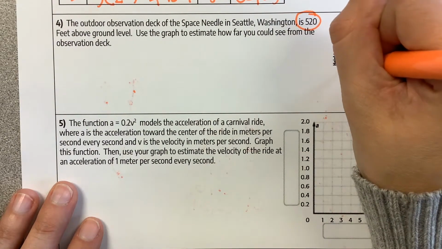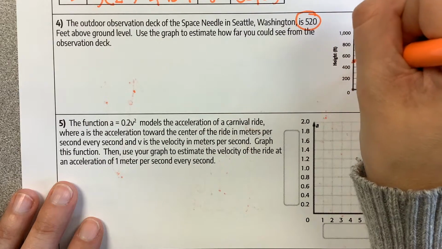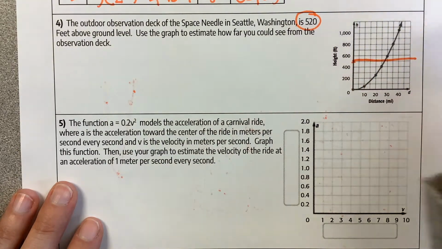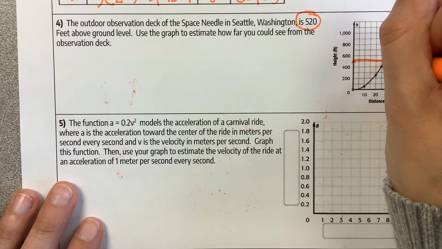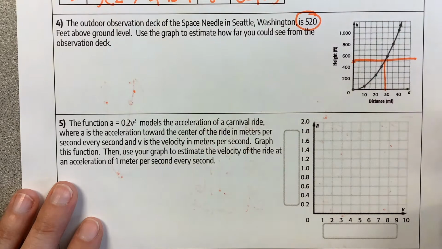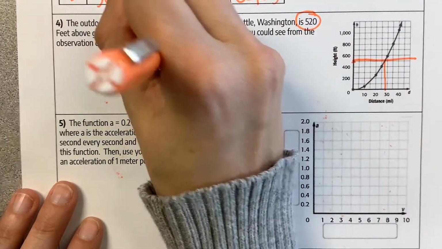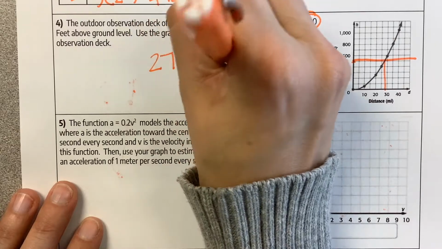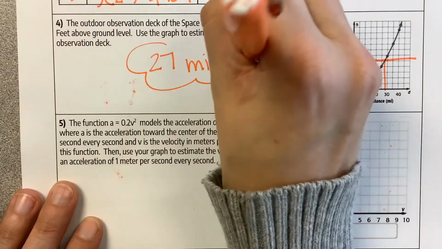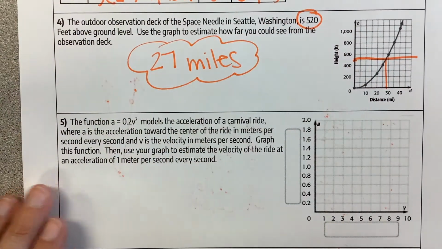If this is 500, 520 is going to be somewhere around here. So it hits kind of around here. Let's say maybe it's like 27 miles, something around that.